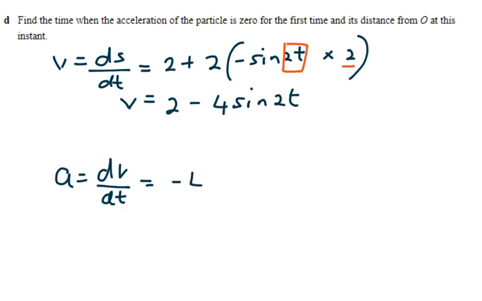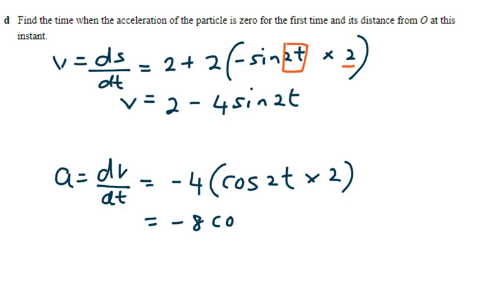Then minus 4, differentiate sine will give you cosine of 2t, multiplied with the derivative of 2t, which will give you 2. Simplify, you will be getting negative 8 cosine of 2t. So you have got the expression for velocity and acceleration.